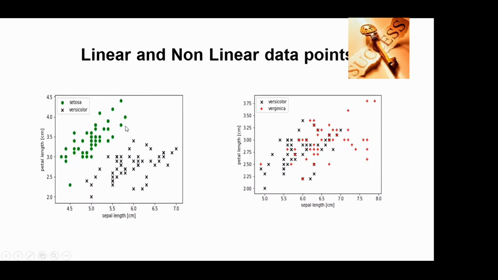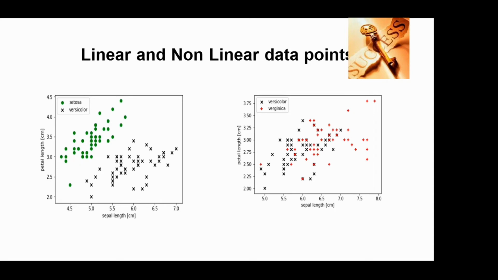In this first image you can see the blue dots and black crosses. If you apply any classifier, suppose you are applying a naive Bayes classifier on the first image, it will easily separate these two types of objects.